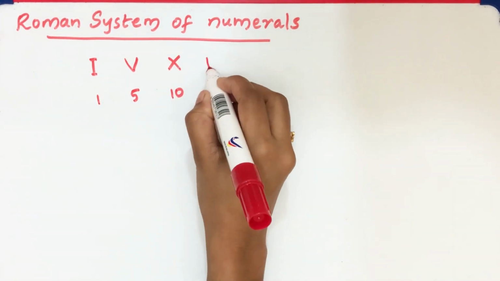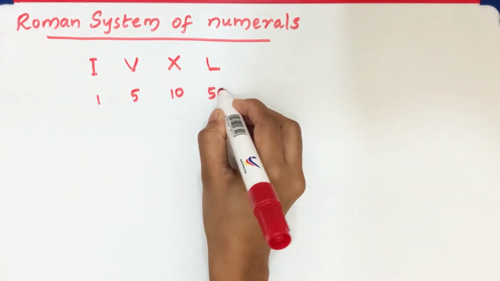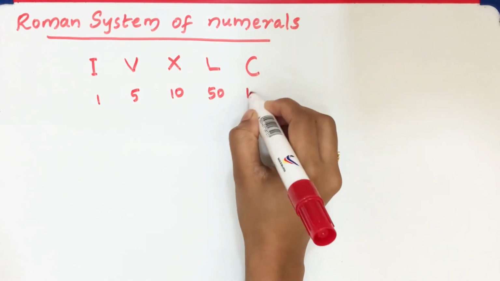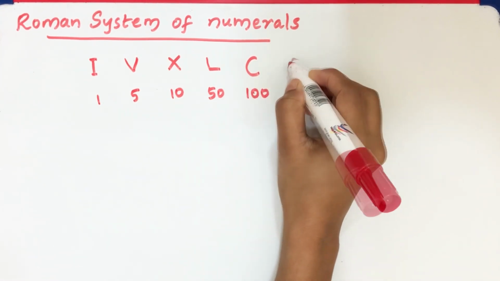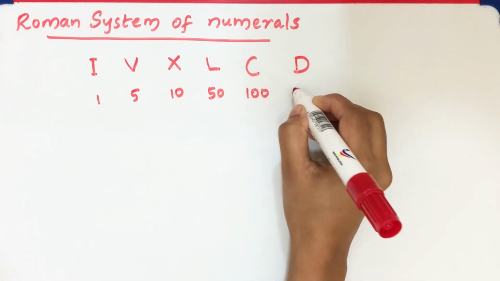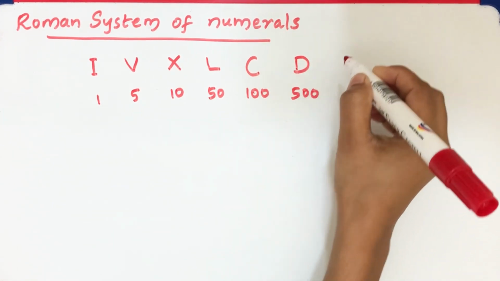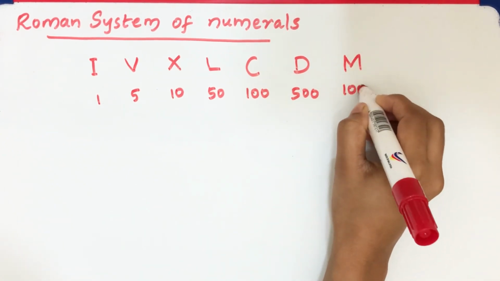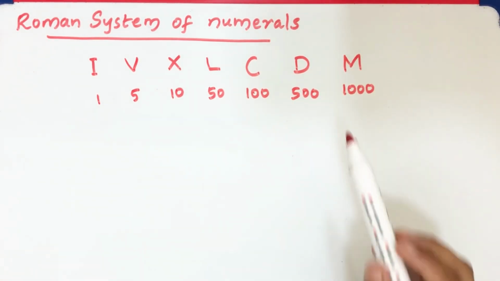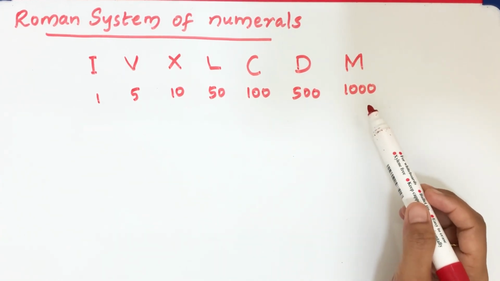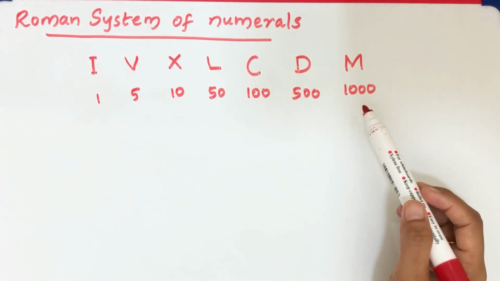Then 50. 100. 100 is written like C. And 500. 500 is our English letter D. And 1000. 1000 is the English letter M. So if we know these 7 letters, then we can write all the numbers, even very big numbers.